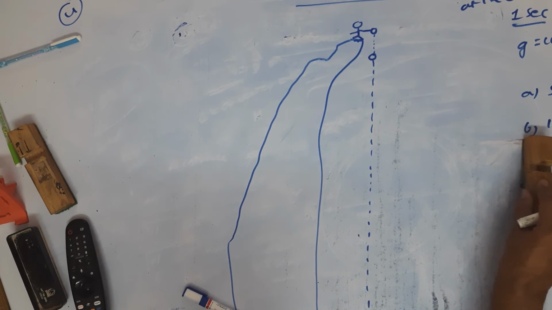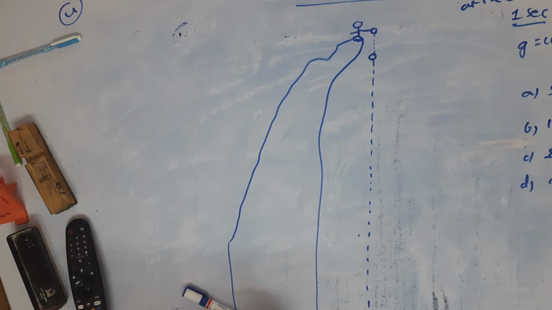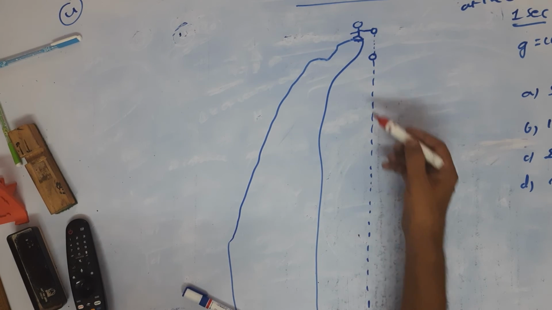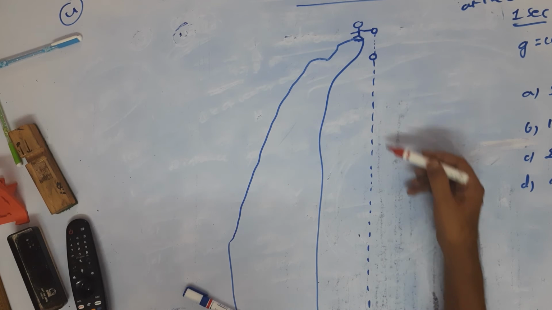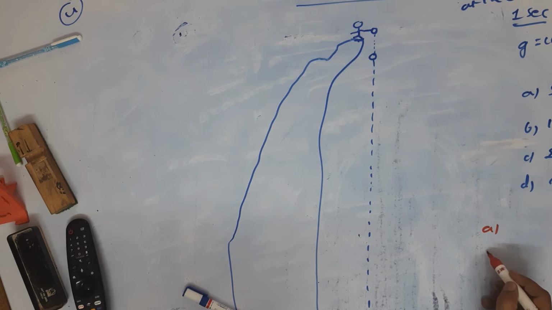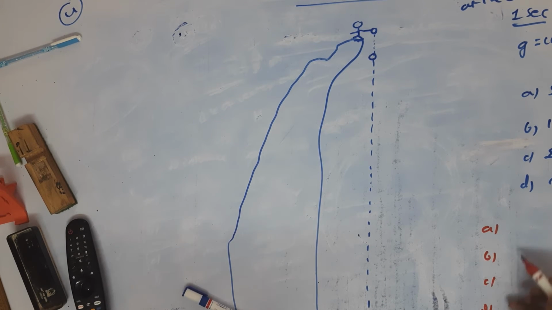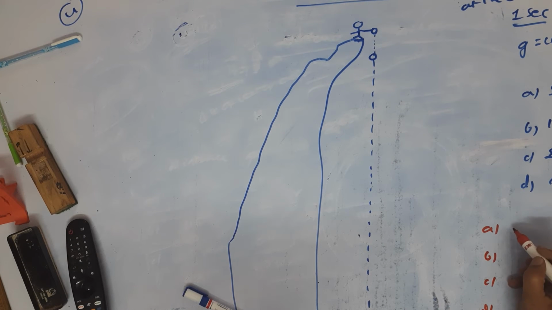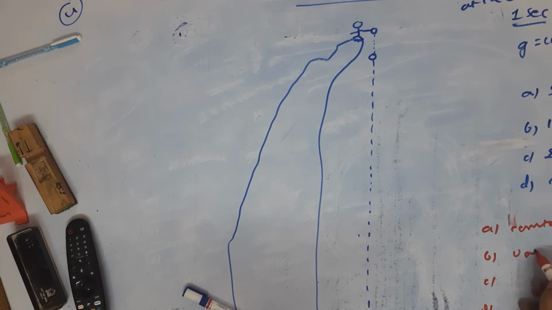Okay. Now let's see how to get that answer, and how that answer is correct. Can you tell me? There are several options. Whenever it is allowed to fall, is it traveling with uniform velocity, or with constant acceleration, variable acceleration, or variable velocity?